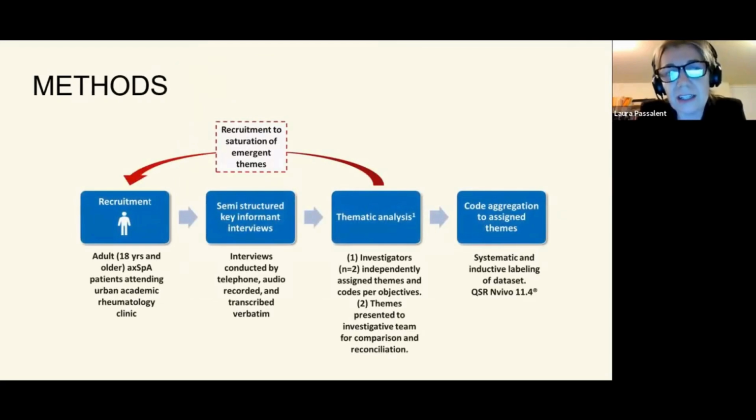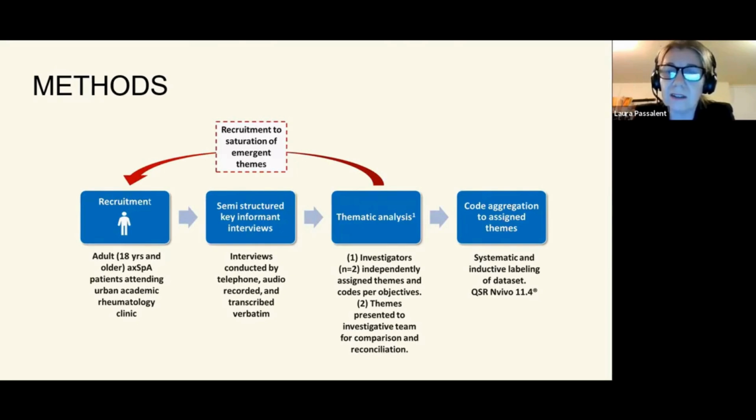So just so you get a little understanding of the methods, as mentioned, this was a qualitative study. So what we did is we basically interviewed people who were diagnosed with axial spondyloarthritis and attending our urban academic clinic in Toronto. And we had semi-structured interviews that were conducted over the phone, audio recorded, and then transcribed verbatim.